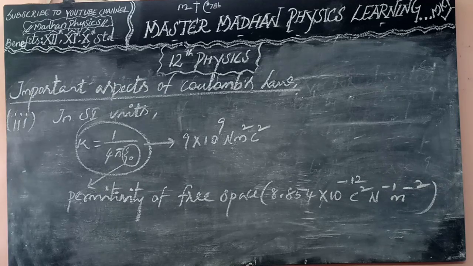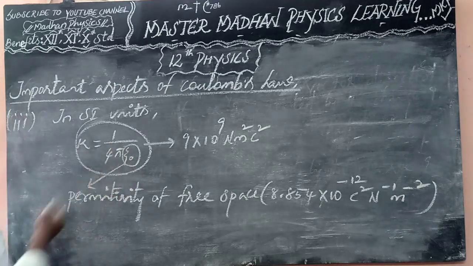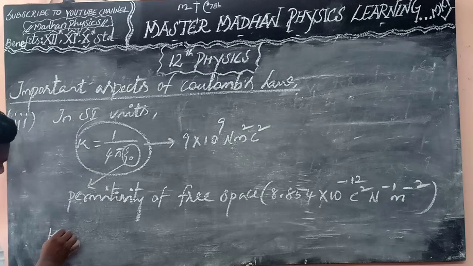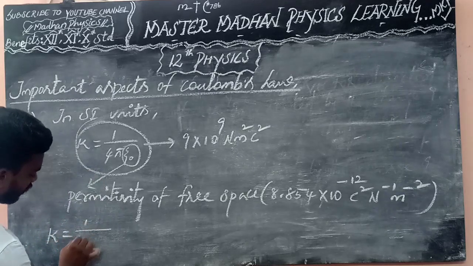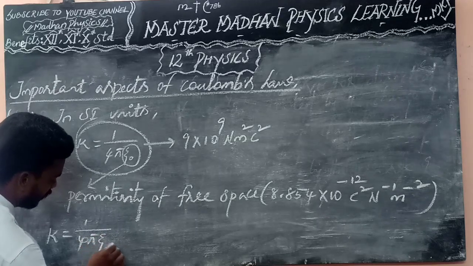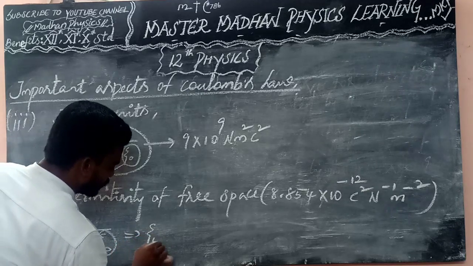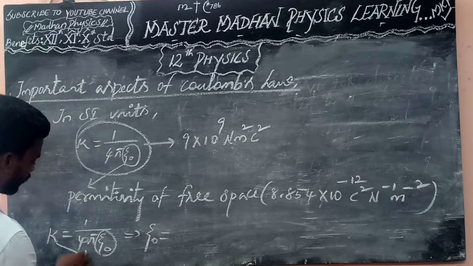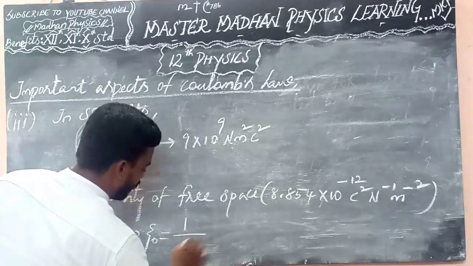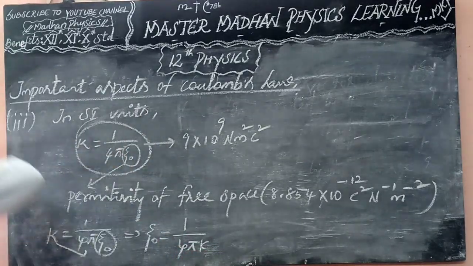So next, how can we derive the value of epsilon naught? Now see that K is equal to 1 by 4 pi epsilon naught. I need the value of epsilon naught now. Epsilon naught is equal to 1 by 4 pi K, right?